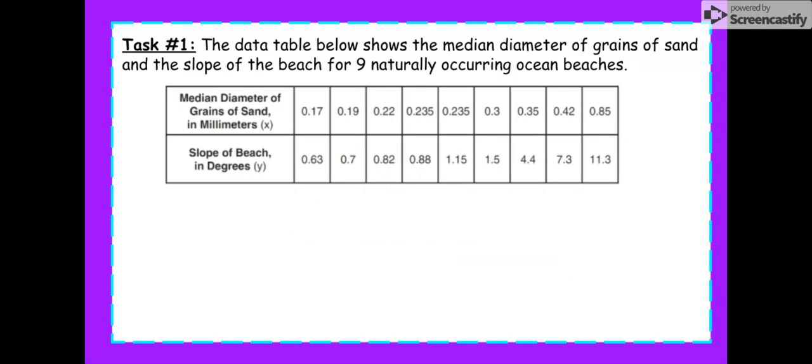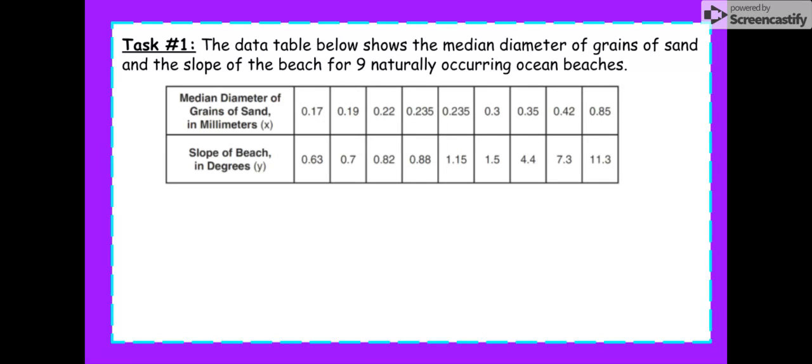Now we're going to look at Task 1. Flip over the packet and let's look at Task 1. We've already looked at this question before and came up with the linear regression equation for it, so we're still going to use the same one. To save time, we're going to use the regression equation we already calculated in class today to answer the following questions.